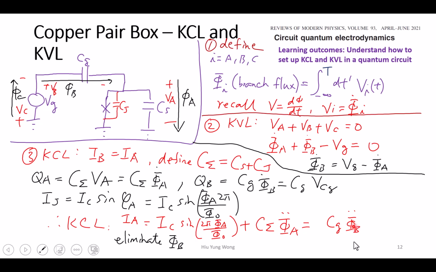And I only have phi B dot dot, so I need to apply another time derivative. Phi B dot dot means the second time derivative of phi B. Then phi B dot dot equals Vg dot minus phi A dot dot. Vg is not a constant, since we're applying a gate pulse to it. So this is equation 1.